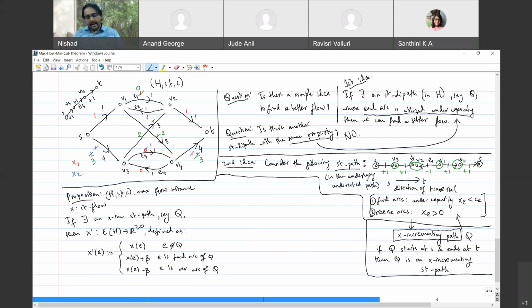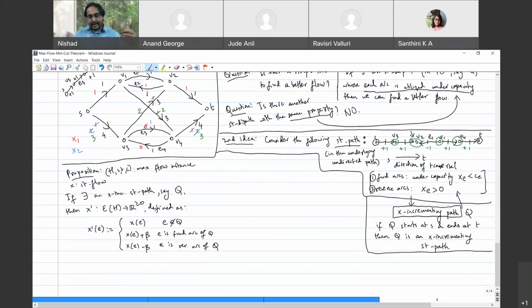And the claim is that this new X prime, where I still need to tell you what beta is, is a flow which is better than the previous flow. Sorry, it's not necessarily a max flow. X prime is another flow, and the value of X prime is strictly greater than the value of X.